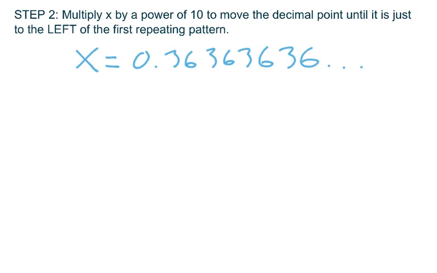Well, the repeating pattern here is the 36. And right now, the decimal point is exactly where you want it to be. We don't have to do anything, therefore. We can just leave it right there. There's nothing to step 2. Just leave it be. Already have what we want.